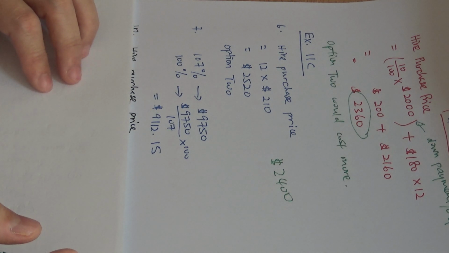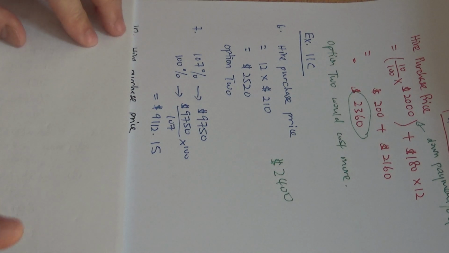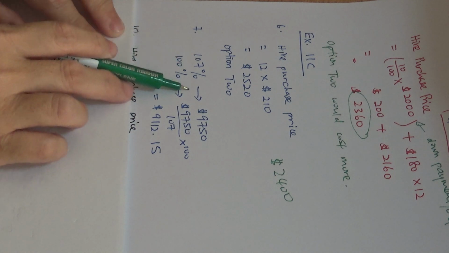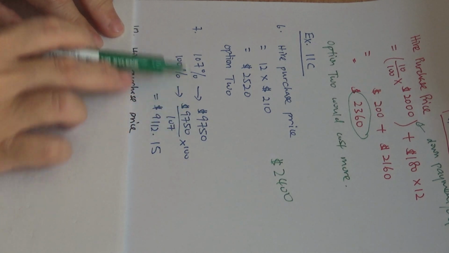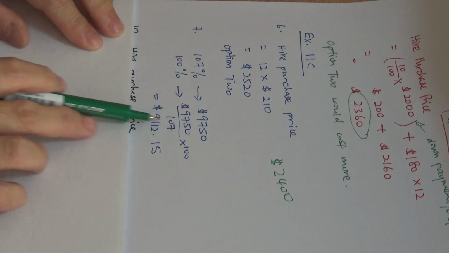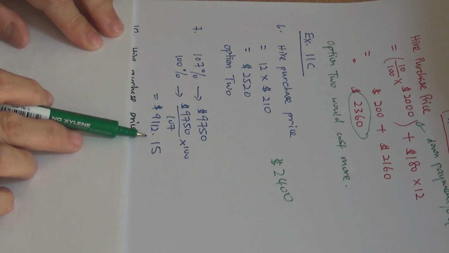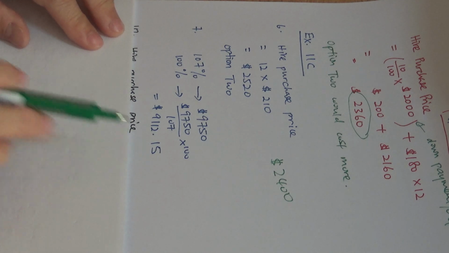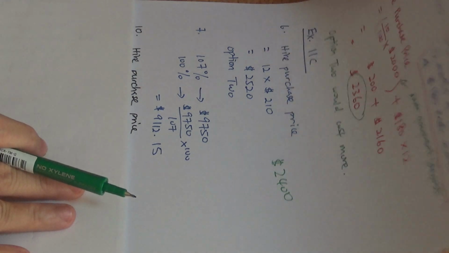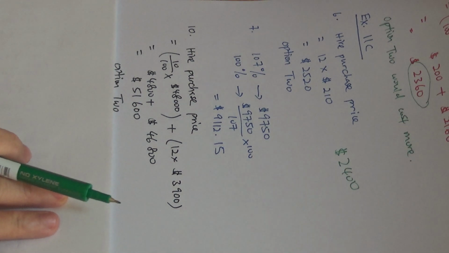Now when it says inclusive of 7% GST, that means the GST is calculated inside already. So 107% will be this. I'm calculating 100%. You take this over this times this. Okay, you will get 9112.15.